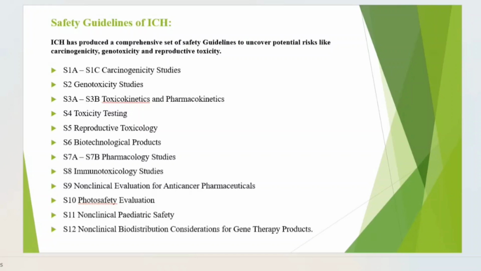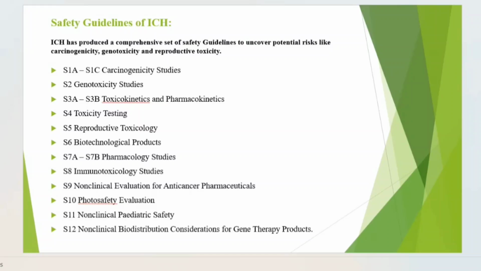So these are the important guidelines related to regulatory affairs. Okay. Other than that, if you experience any guideline which I need to explain, then you can tell me. I will explain that guideline. No problem.